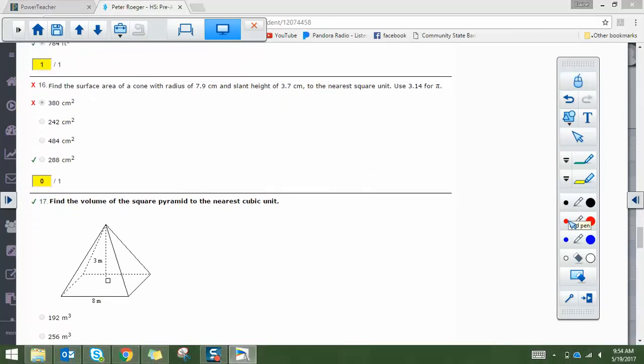Next we have surface area of a cone. It has a radius of 7.9 centimeters and the slant height of 3.7 centimeters. And then it wants it to the nearest unit, and it tells you specifically here to use 3.14 for pi. So the formula for surface area of a cone is pi r L, which is essentially the same as the slant height, which they give us right here in this example.